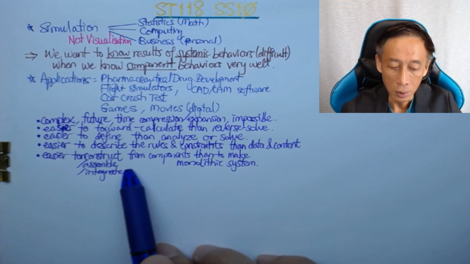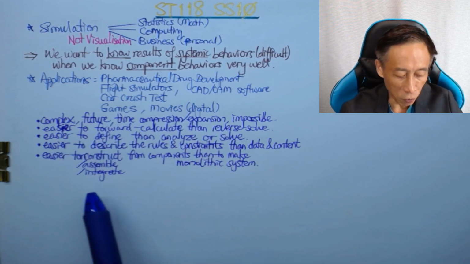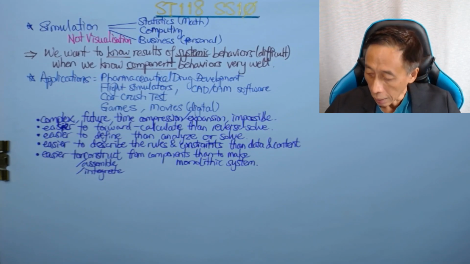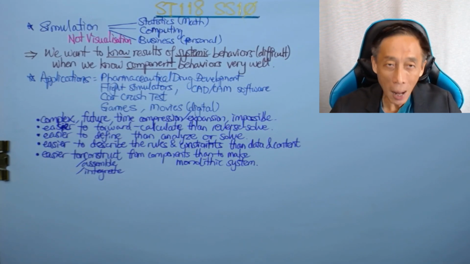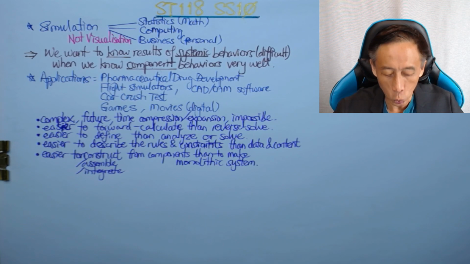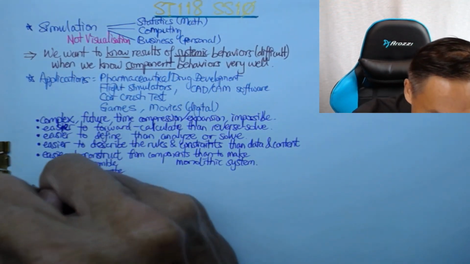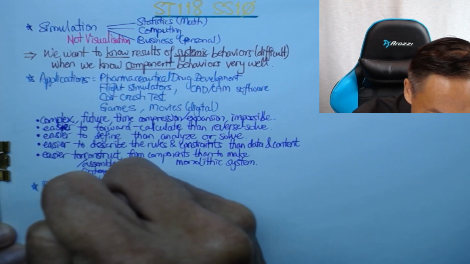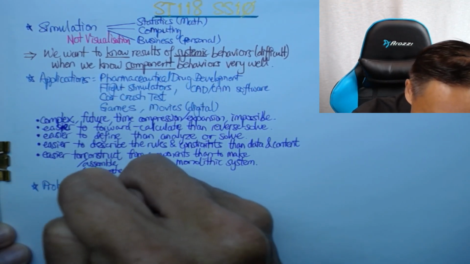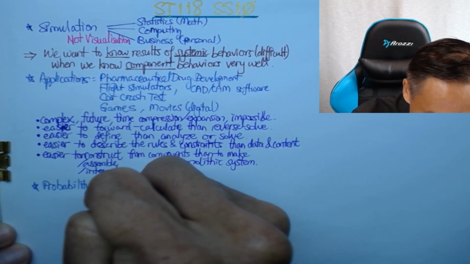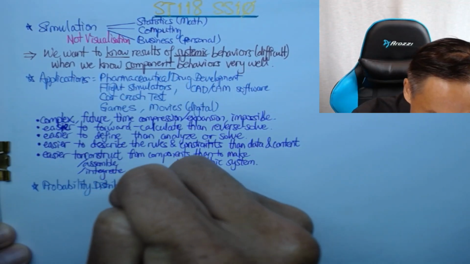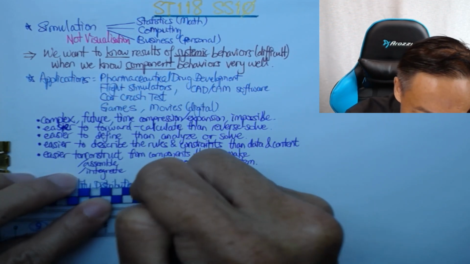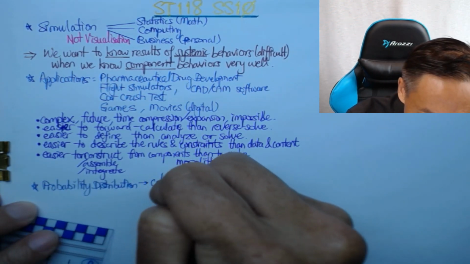characteristics. Okay, so in what follows, we will examine the core part of doing simulation, which is to have a probability distribution, giving rise to the notion of the cumulative distribution function.